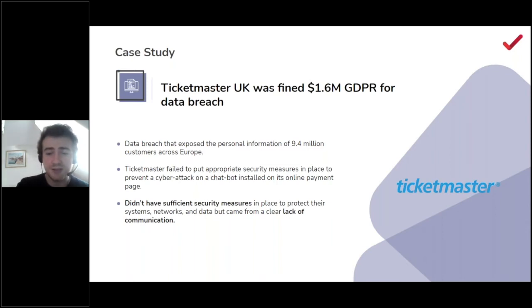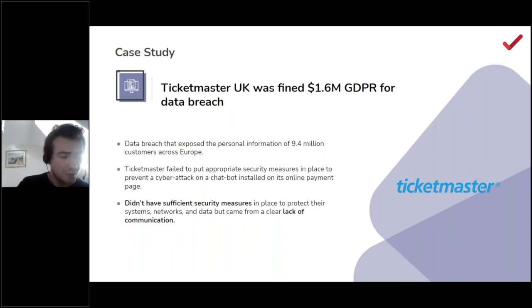The ICO found that the company did not place appropriate security measures for the prevention of the cyber attack on a chatbot that it had installed on its online payment page, which amounted to a breach of GDPR. So the inclusion of the chatbot itself, hosted by a third party, which I believe was Inbenta Technologies, on Ticketmaster's online payment page, enabled an attacker to access the financial data of customers, and this was all found out in the investigation.